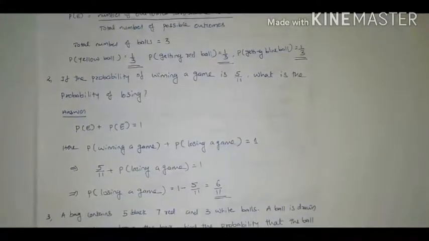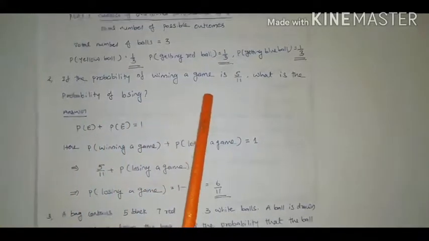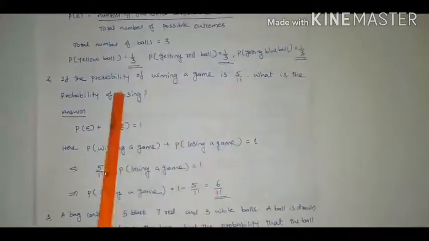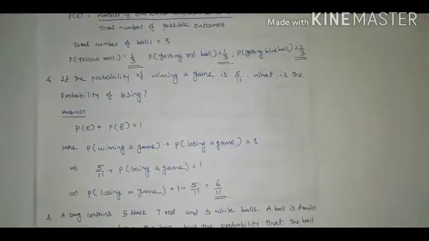And next question: if the probability of winning a game is 5 by 11, what is the probability of losing the game? If you consider the complementary event, here the first event is winning a game.